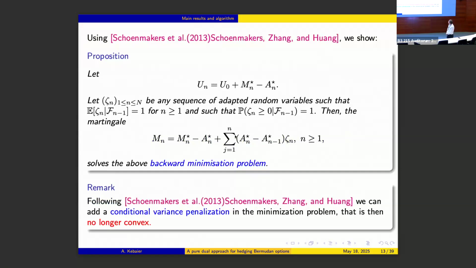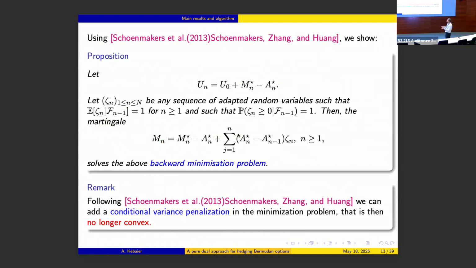So here there is one paper by Schoenmakers, Zhang, and Huang. If we use their approach, we start from the Doob-Meyer representation of U_n, and if I consider any sequence of random variables Z_n satisfying this assumption, meaning it is almost surely positive conditionally on F_{n-1} and the conditional expectation is 1, then this martingale M_n solves the backward problem.